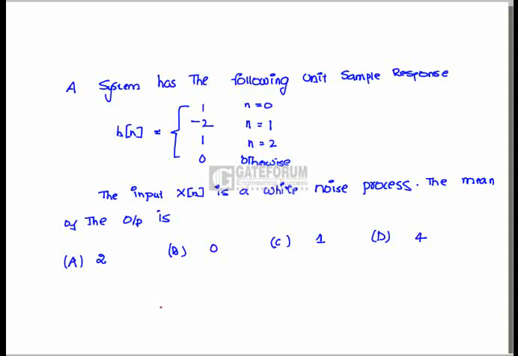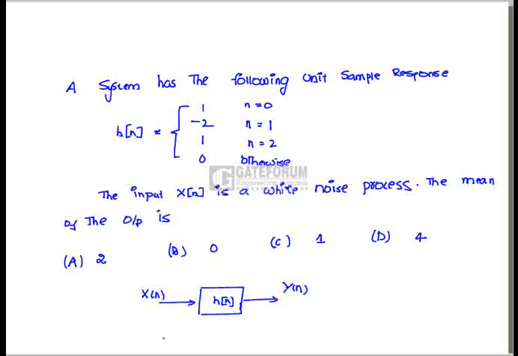In the above given problem, we have to find the mean of the output whose unit sample response is mentioned in the problem. For a system whose impulse response is h of n and input is x of n, the output is y of n.